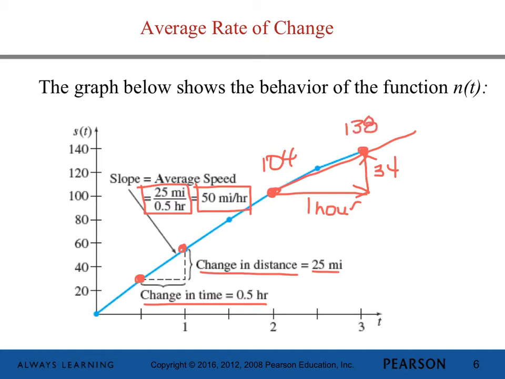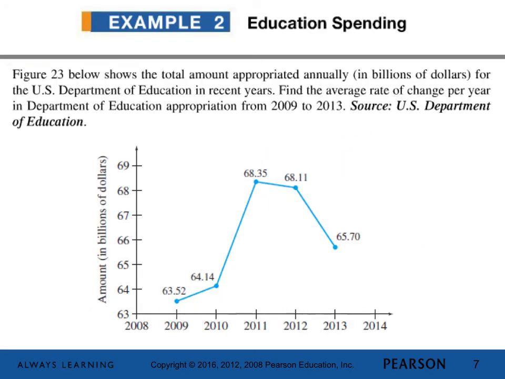So that was a distance of 34 miles. So that means that during that hour we only went an average of 34 miles per 1 hour. So we were really slowed down. We must have run into a traffic jam during that time.